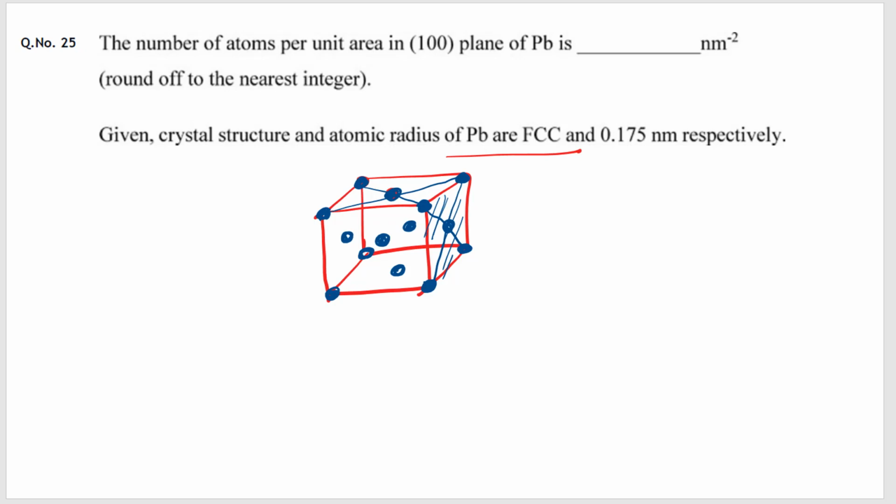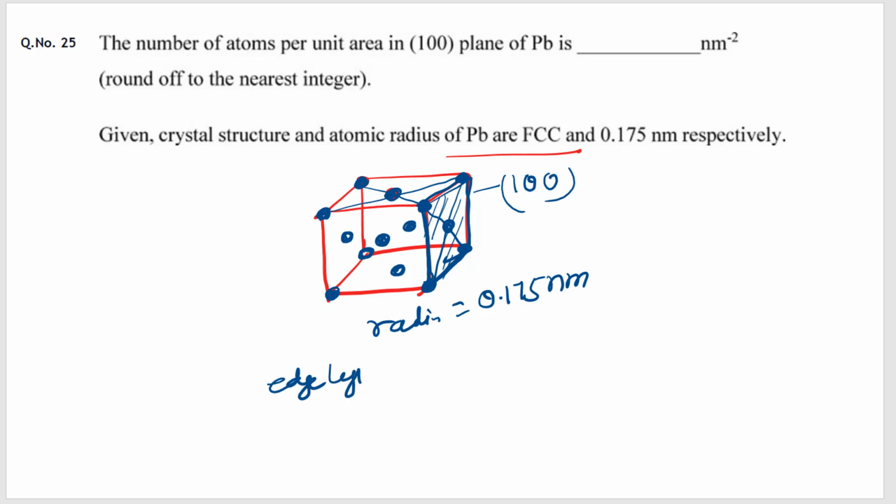And here the radius is given as 0.175 nanometer, right? Okay, so here it is asking the number of atoms per unit area in one OO plane. Suppose let us consider this plane, one OO plane. So we need to find first the area. So for area we require edge length, right?